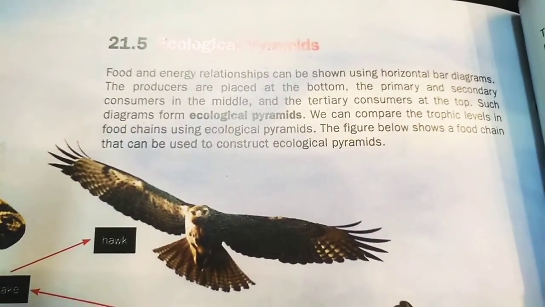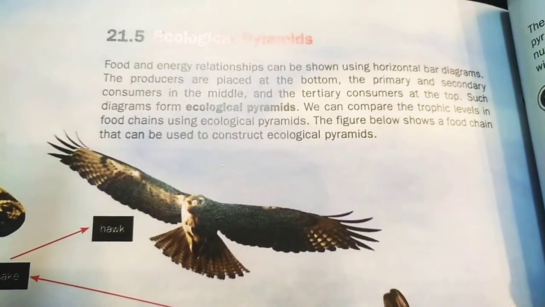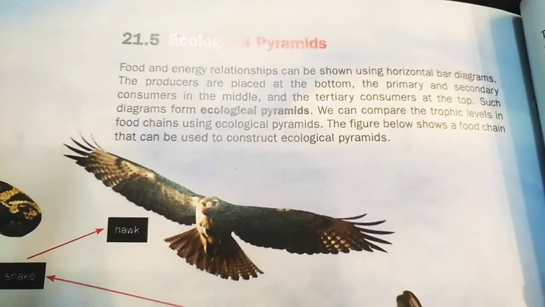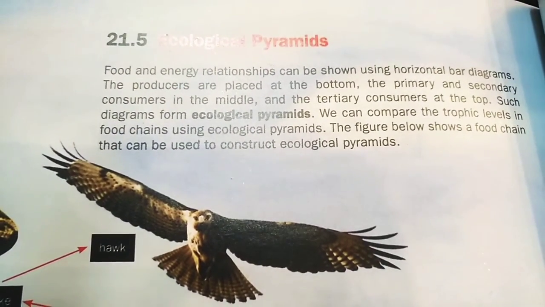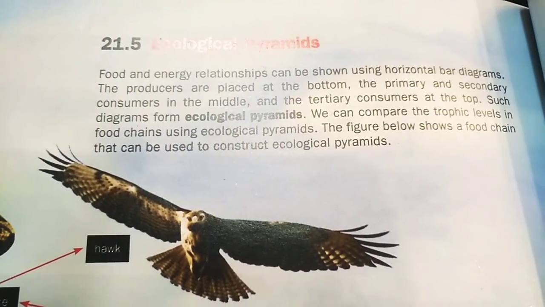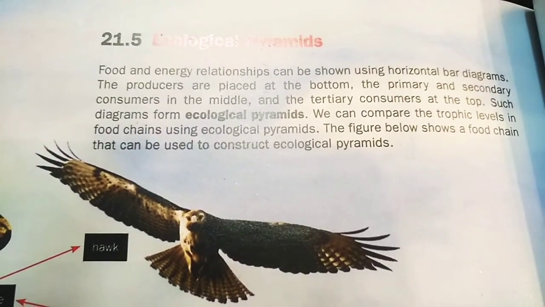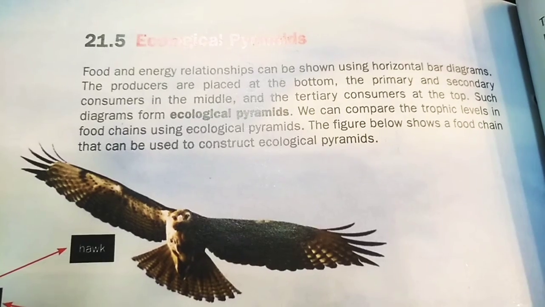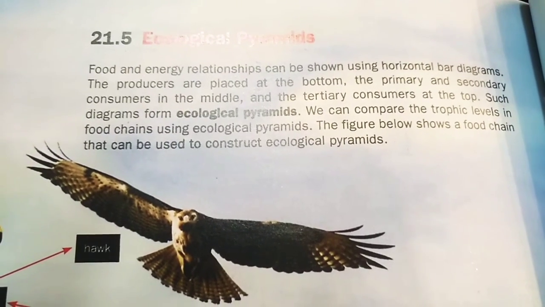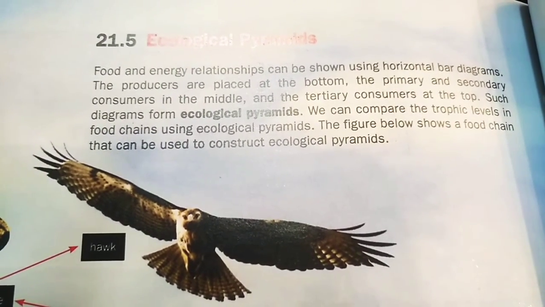So here we are merging mathematics in our biology to get these bar charts. The producers are placed at the bottom, the primary and the secondary consumers in the middle, and tertiary consumers are at the top. So this statement is making our concept clear that we are having the 4 trophic levels of the energy flow.